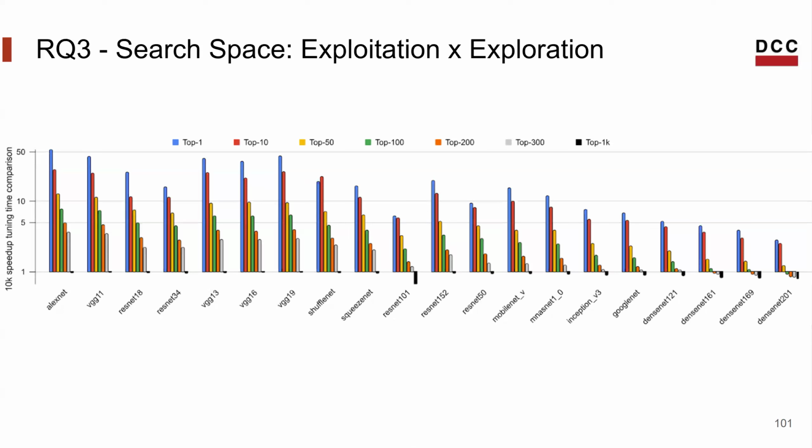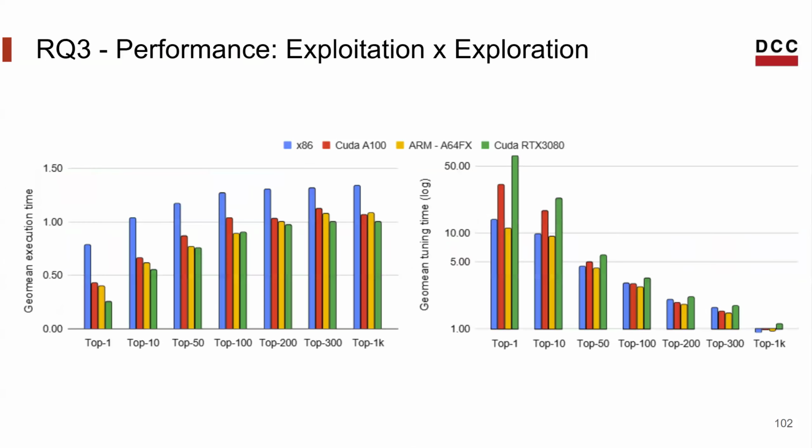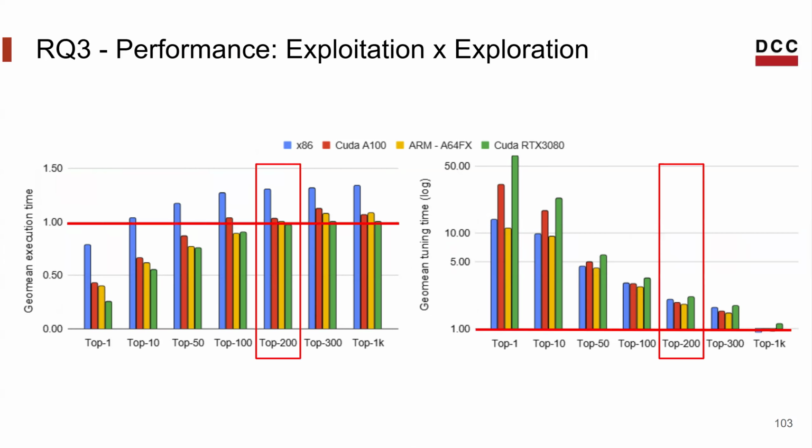And for 1,000 samples, we start to see that our solutions end up being a bit slower than running all the 10,000 answer samples. And when we consider our architectures like x86, CUDA, and ARM, we can see 200 samples is enough to get a better solution in relation to answer with 10,000 samples for our architecture's measure.